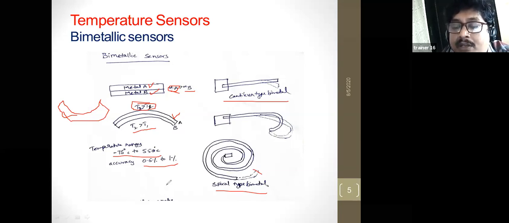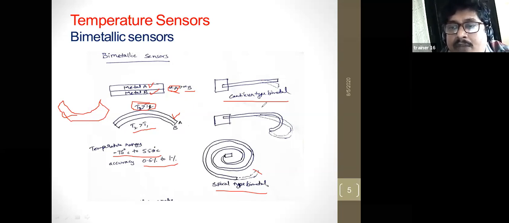That means you are giving the desired output temperature. You are setting it in the iron box, and when it reaches that particular temperature, with the help of this bimetallic sensor, it cuts off.